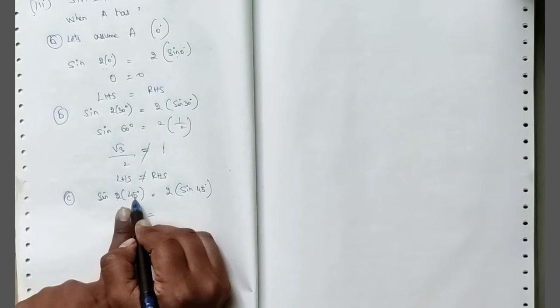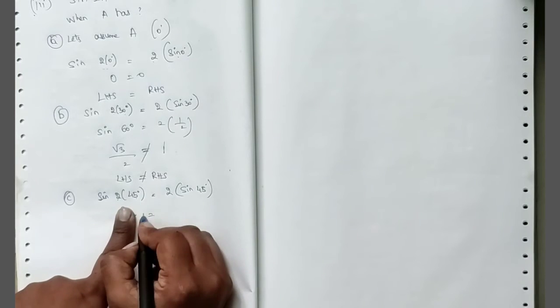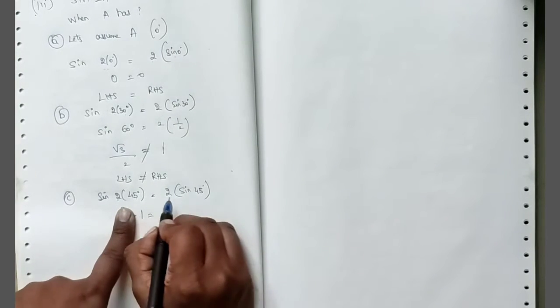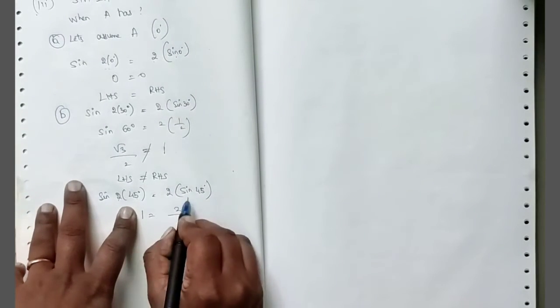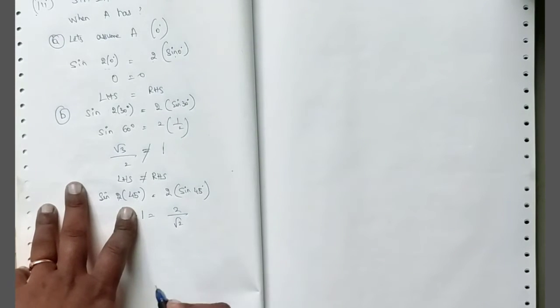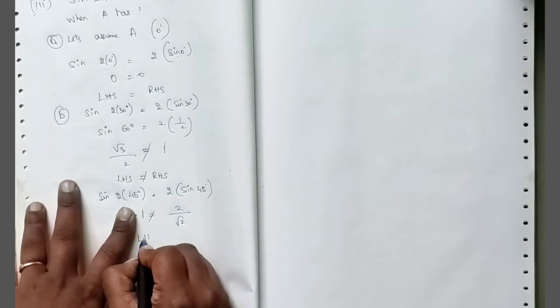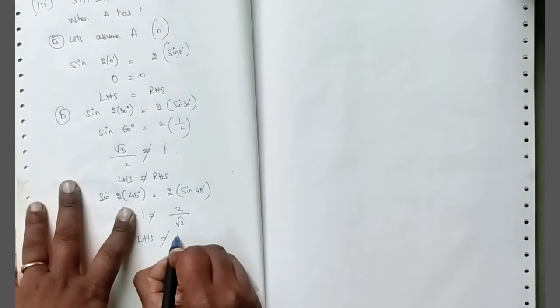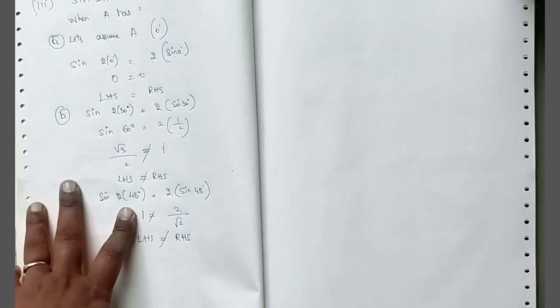So sine 2 into 45, that is sine 90, which will be 1, and 2 into 1 by root 2, that is 2 by root 2, which is not equal. So LHS is not equal to RHS in this case.